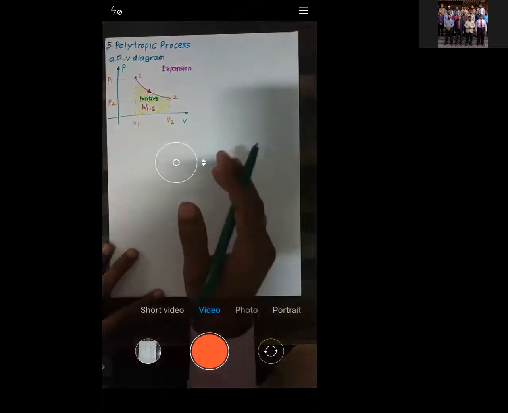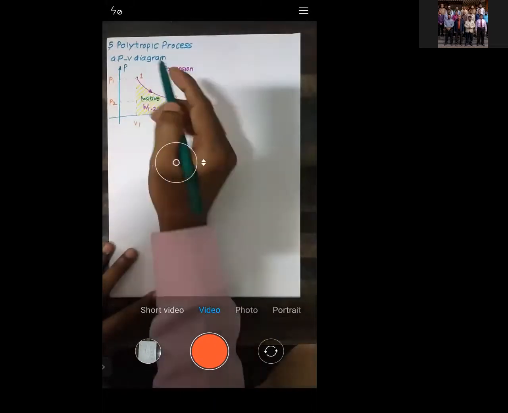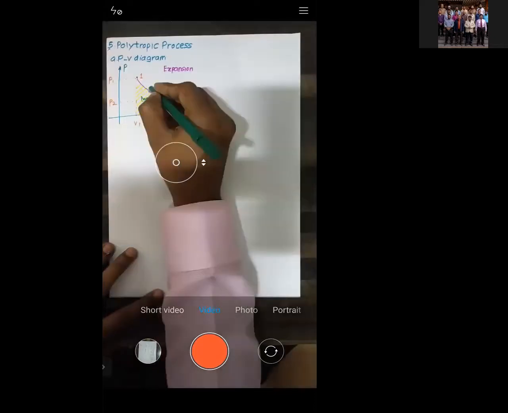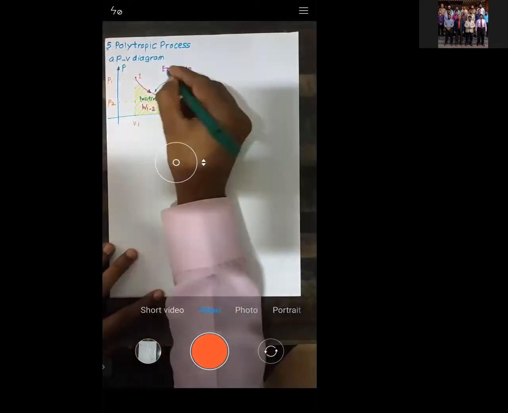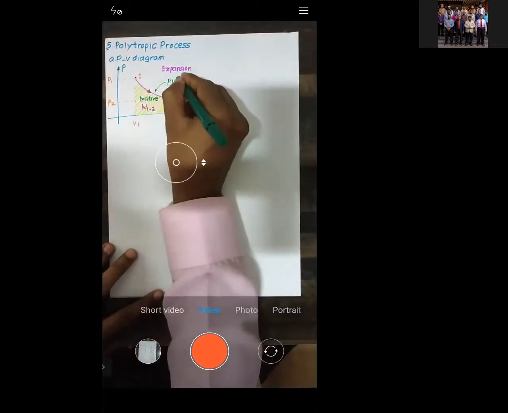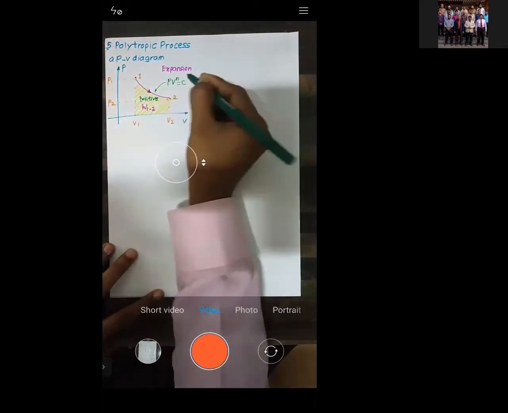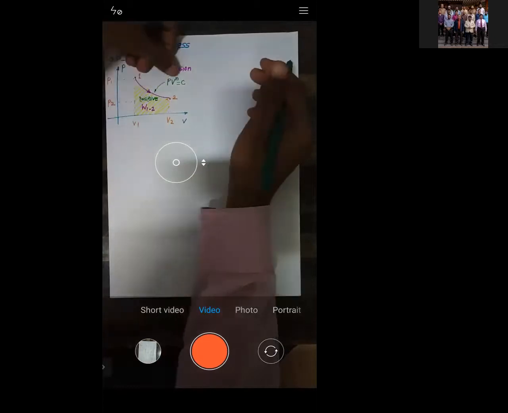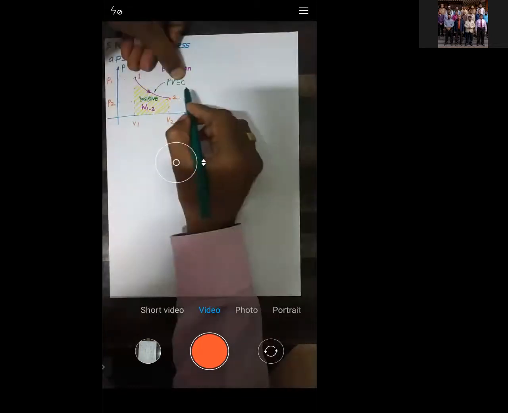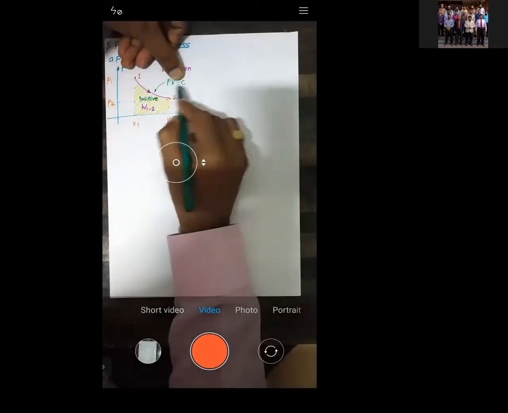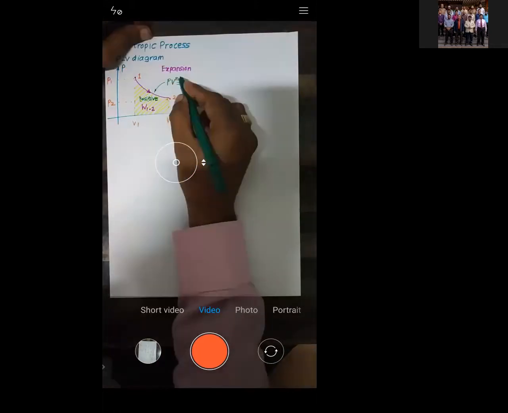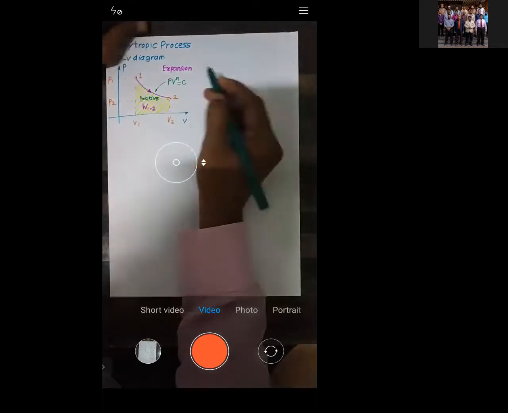Now, sir, what is the polytropic process? If you write the law of the process as PV^n = C, it is said to be a polytropic process. If you write PV = C, it is an isothermal process. If you write PV^gamma = C, it's an adiabatic process.